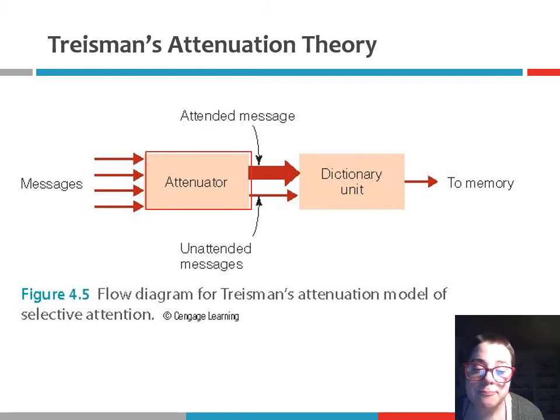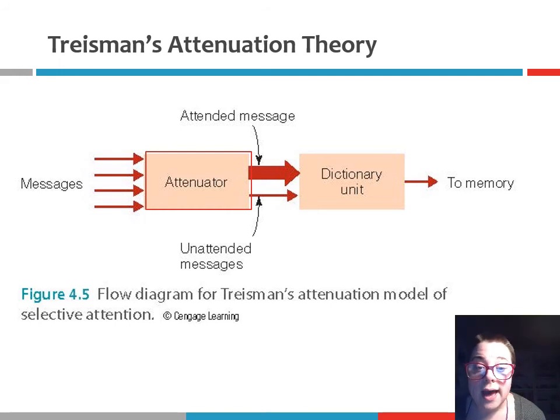Both the attended message and the unattended message are going to pass through the filter. Because Anne Treisman's model allows both messages to pass through the filter, it's sometimes referred to as the leaky filter model.